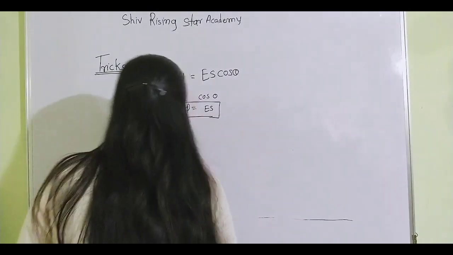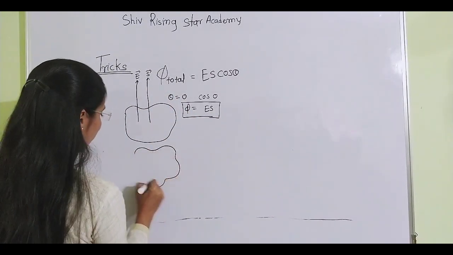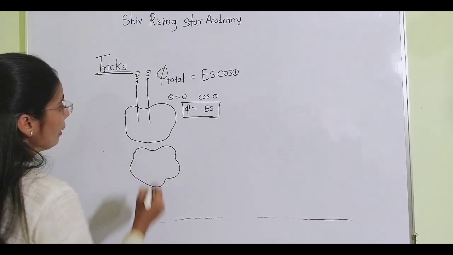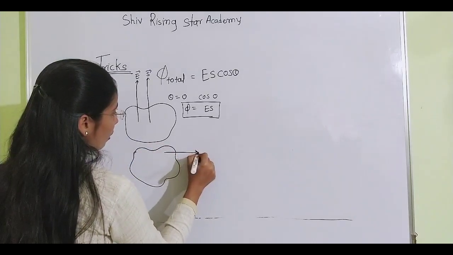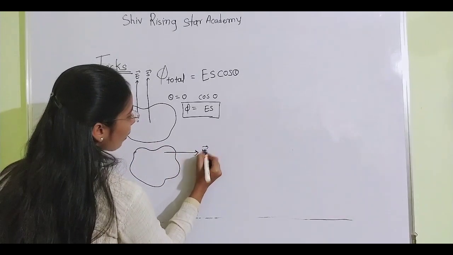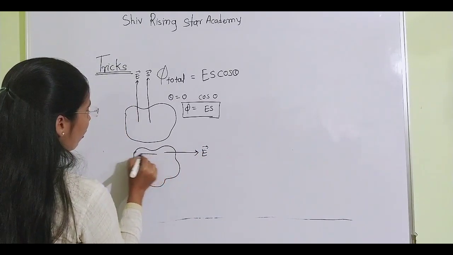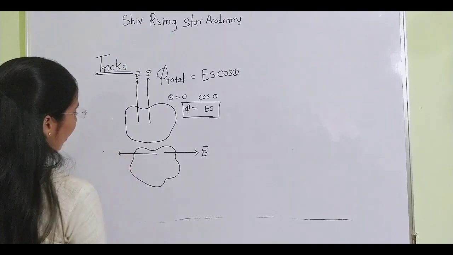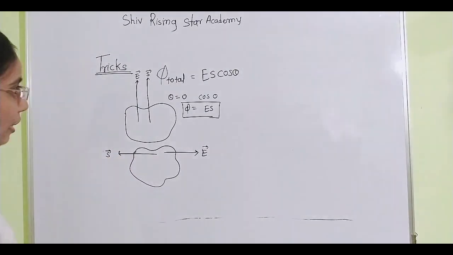Second, suppose consider this surface, and this is the direction of electric field E bar, and the direction of the area vector S is the opposite, both are in opposite direction.